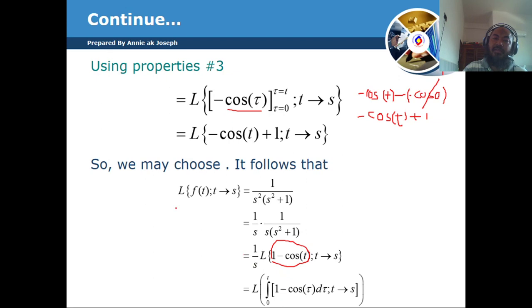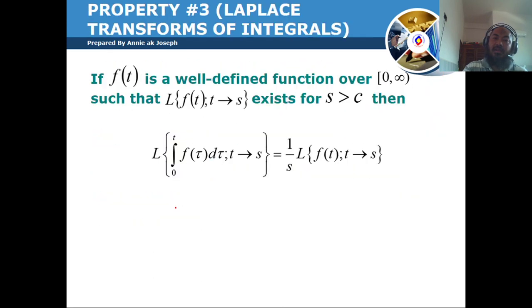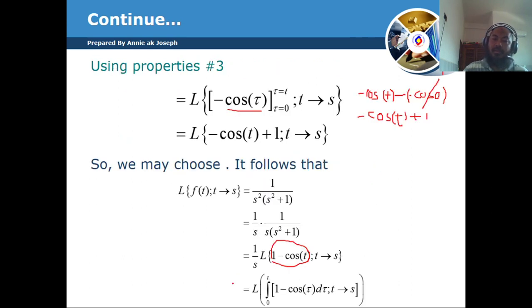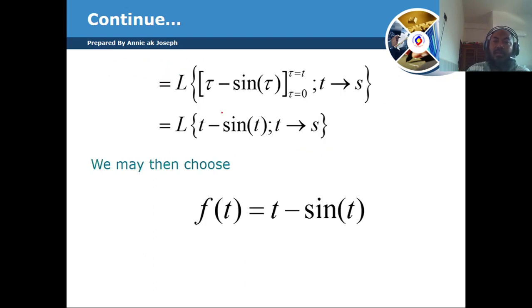So now it becomes the integral from 0 to t of f(tau) d tau, so we have 1 minus cos tau d tau. Then we do the integration again: tau minus sin tau from 0 to t, so t minus sin t. So the function f(t) is equal to t minus sin t.